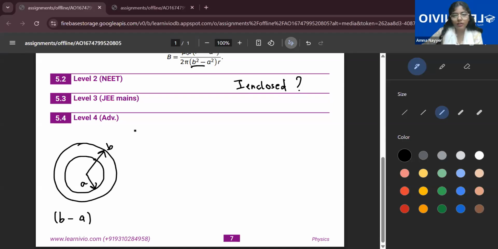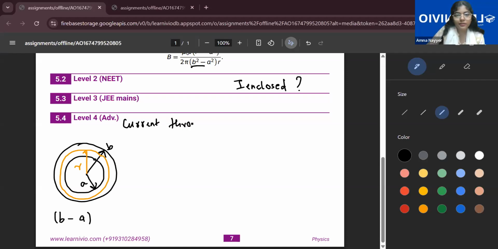So what we do: let's say we have taken a radius which is within this, and let's say this is R. I'm doing the same steps that I've done earlier.